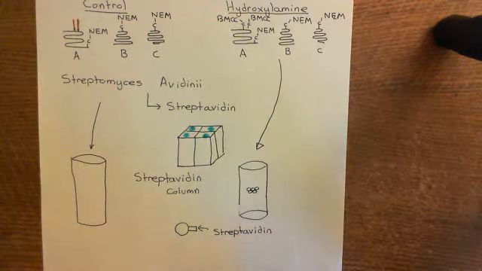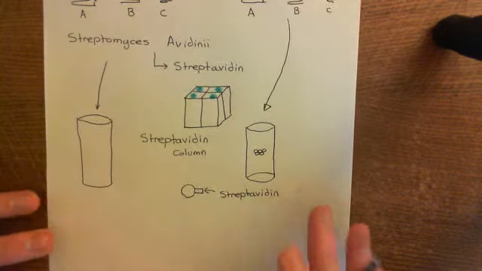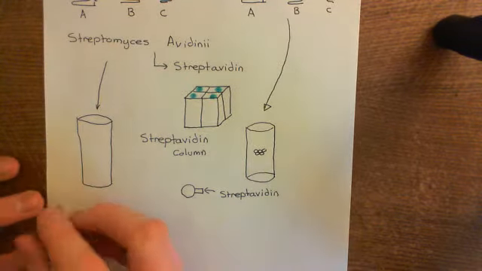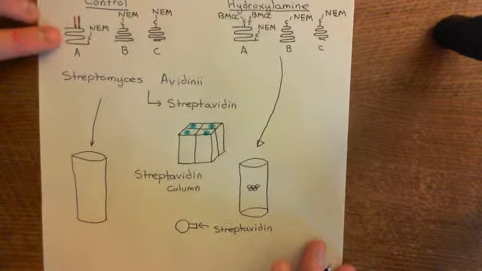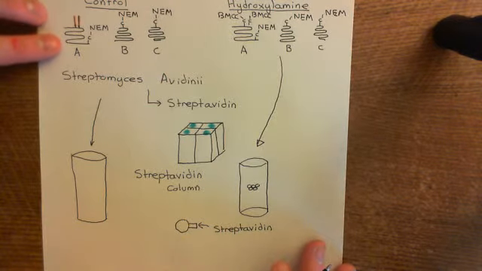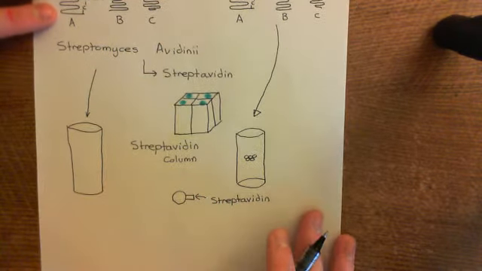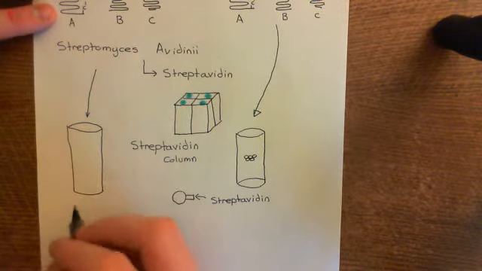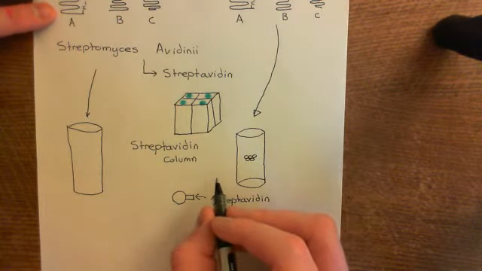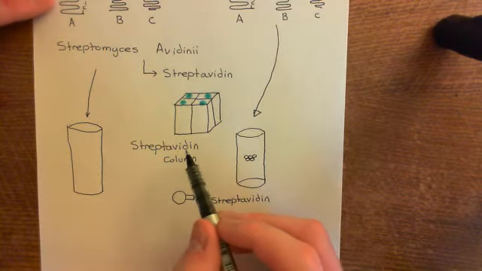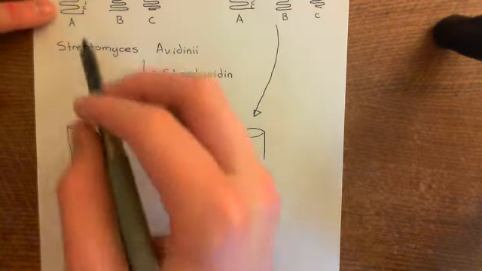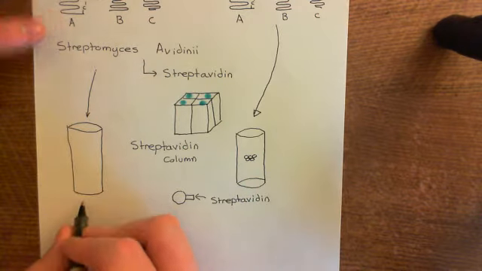non-control case. Okay, so now let's say what has happened. Firstly, protein A in the control case did not have these BMCC molecules bound to it, so it has not bound to the Streptavidin protein tetramer on the beads, and it's gone straight through and won't be bound to the beads.